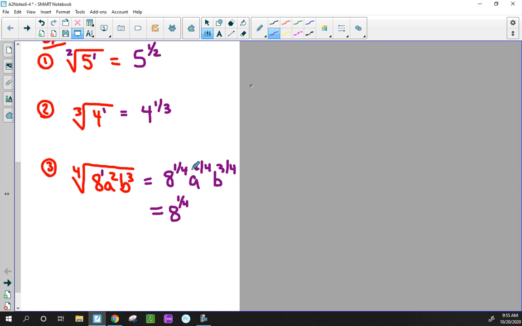And then on this fraction, 2/4, we know a more reduced fraction for that, so we want to go ahead and call it 1/2. And then you'll drop down your b to the 3/4. And so remember, the directions on this top would say something like convert between radical and rational form. This is the rational exponent answer, and these two are equivalent.